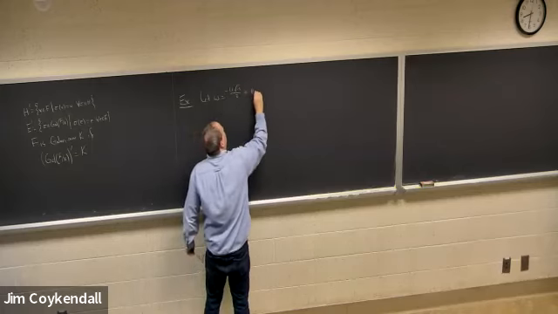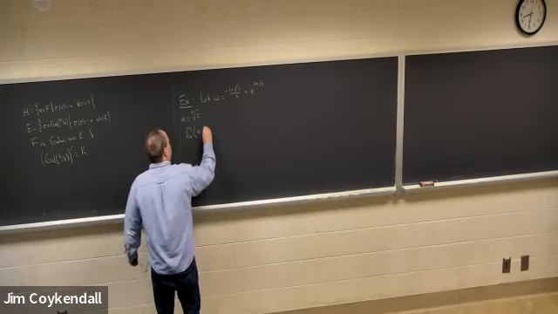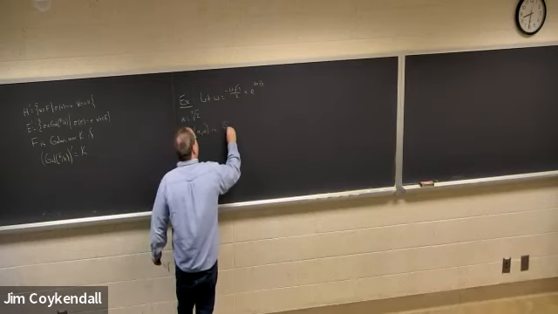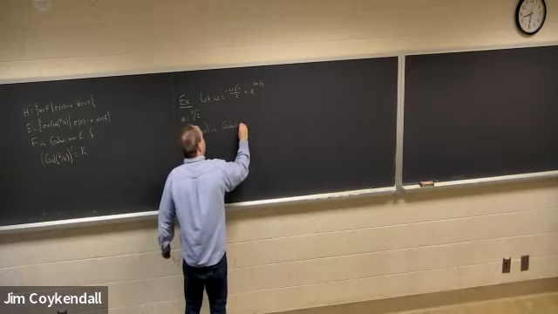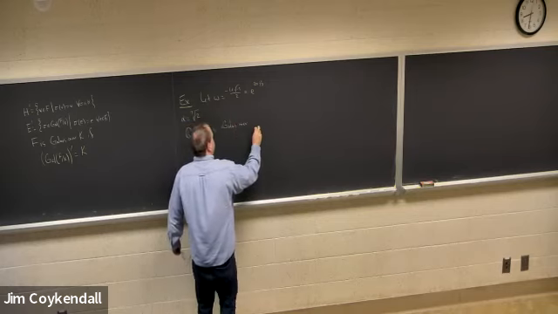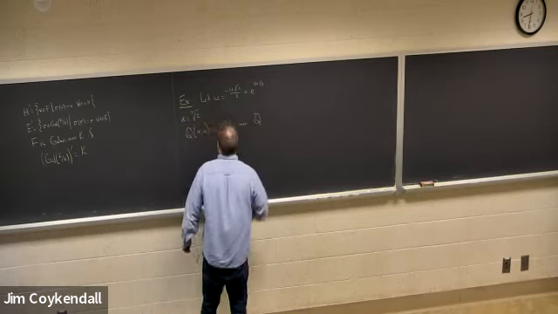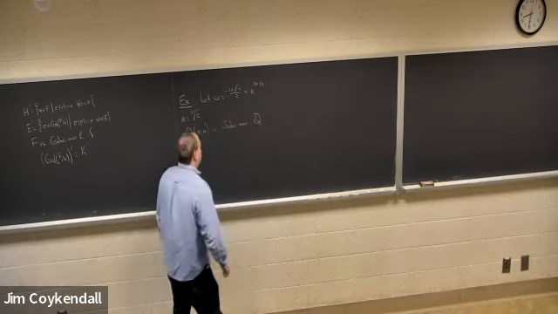It turns out that if you look over Q, this is actually a Galois extension. And it turns out that here's what the intermediate fields look like.